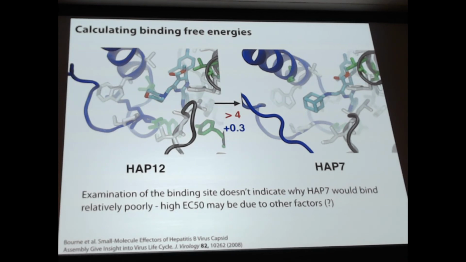I don't see, just by eye, why it should be so bad. And maybe this is a sign that just taking a ratio of the EC50s in some cases isn't always a good way of getting the delta-delta Gs. Okay. But maybe we can also blame the force field. That's an easy target. And that's definitely something we'll look into. We'll look into optimizing and see if that changes the results.